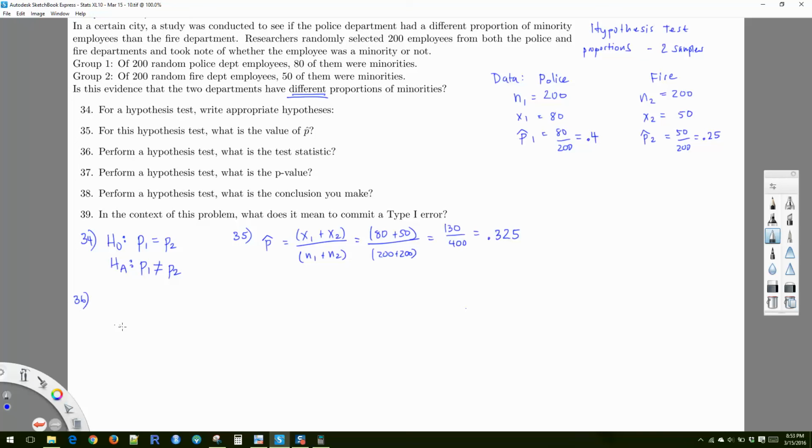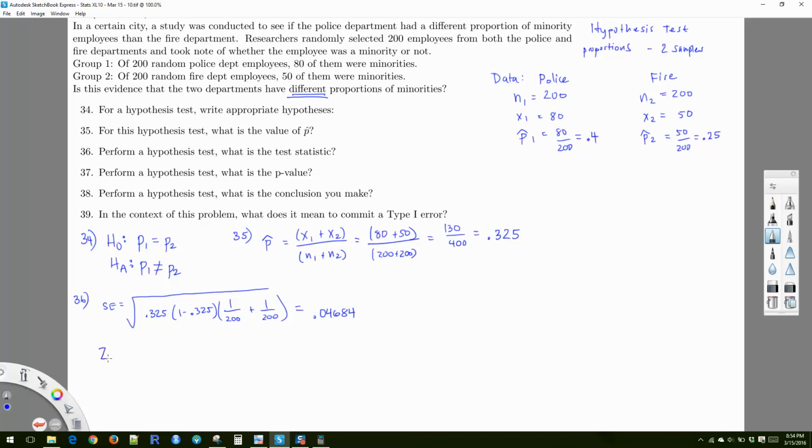So our test statistic, we're going to have to calculate our standard error first. It's going to be the square root of 0.325 times 1 minus 0.325 times 1 over 200 plus 1 over 200. And if I did this correctly, I'm getting 0.04684 for my standard error.